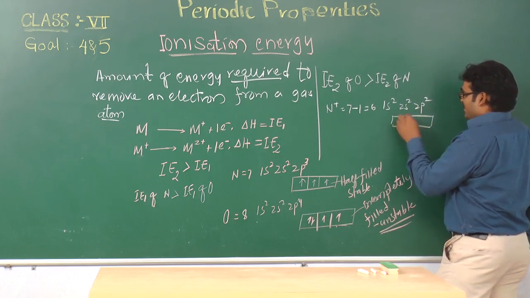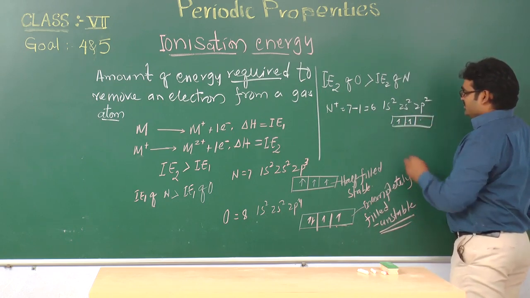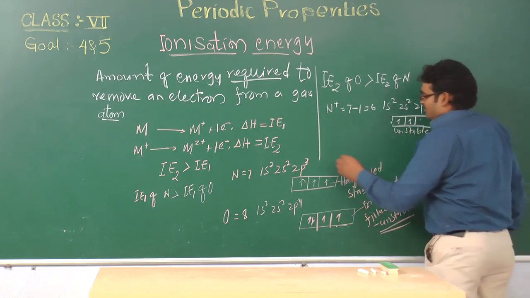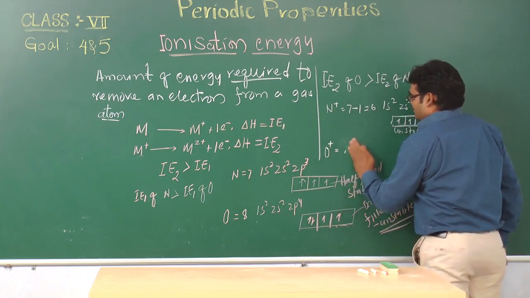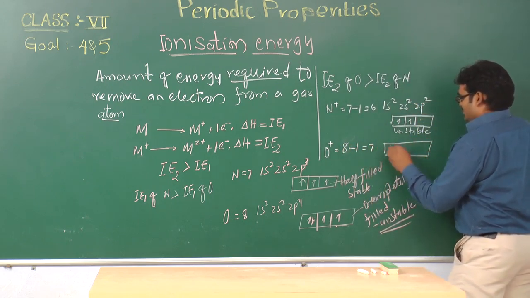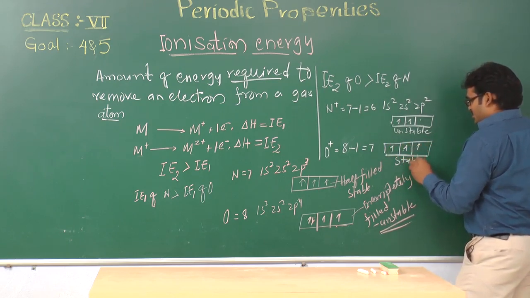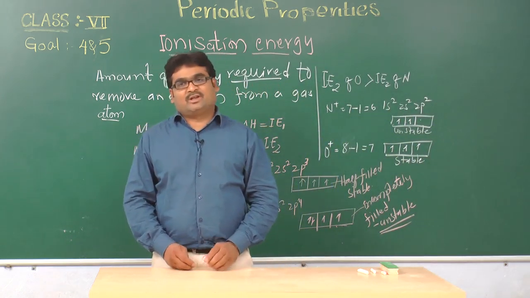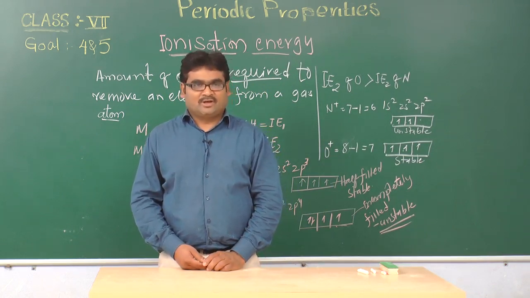So it has only 2 electrons in p, therefore it is incompletely filled, so unstable. Whereas for oxygen it is 8 minus 1, it is 7, now half filled, so more stable. So from this it is clear that the second ionization energy will always be greater than the first ionization energy.